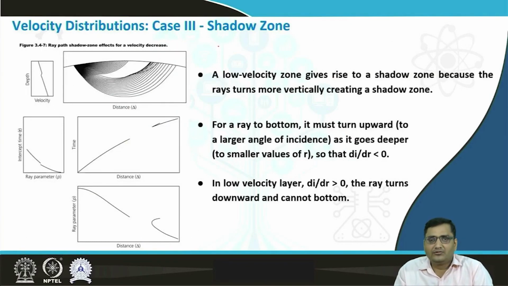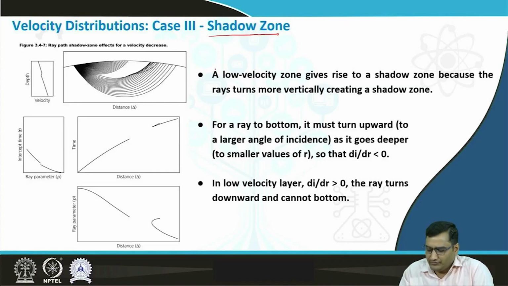Now talk about the velocity distribution case 3, that is the case of shadow zone, where low velocities are found. Suppose the earth has smoothly increasing velocities with depth, and suddenly there is a low velocity layer. In that case a shadow zone will arise, because the ray turns more vertically.